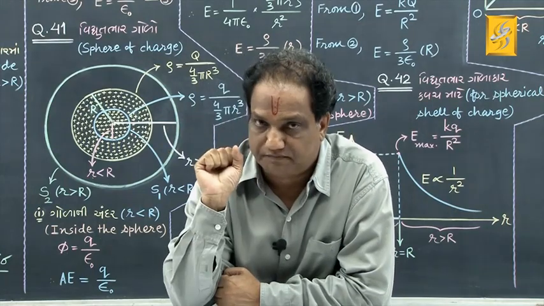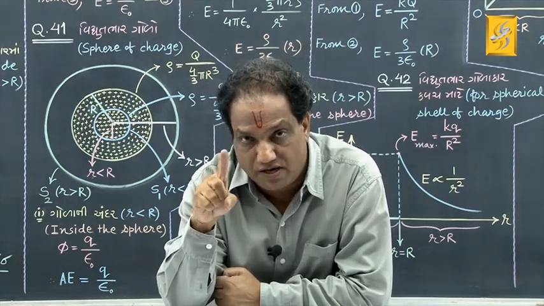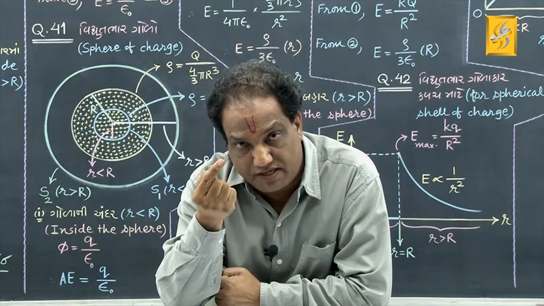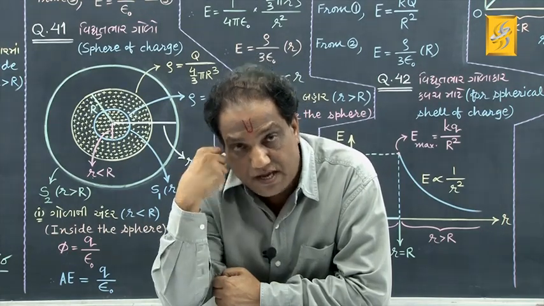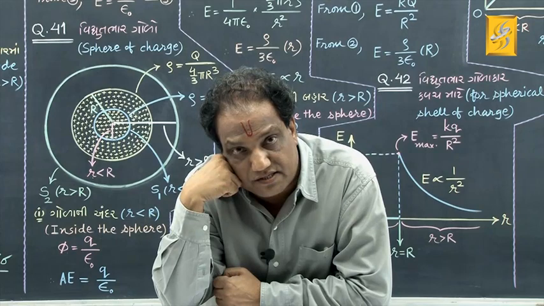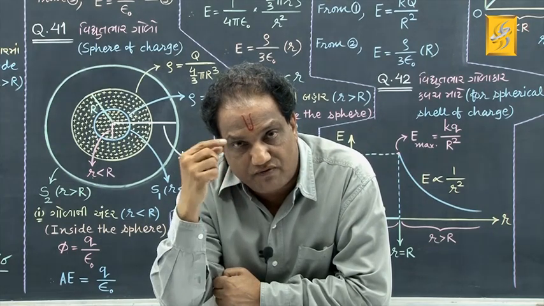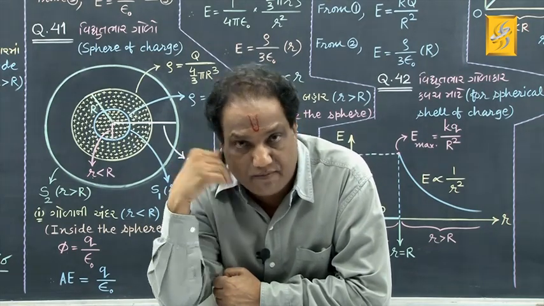Got it? Fine. In the entire world, there is only one example for sphere of charge, and that single example is the nucleus of an atom of any heavy element.